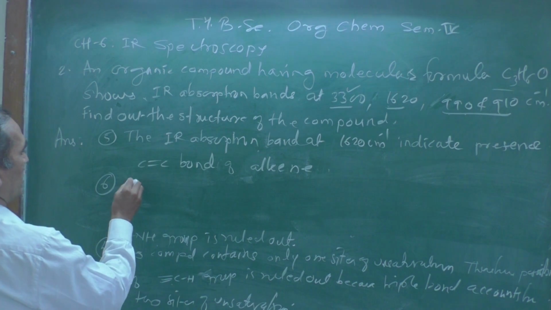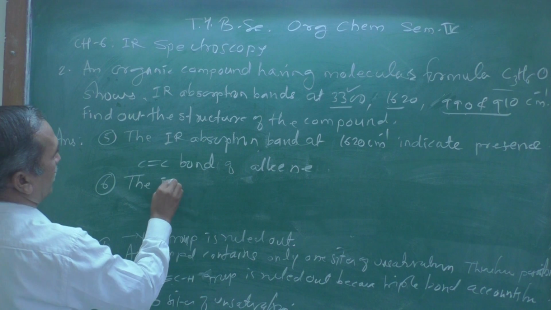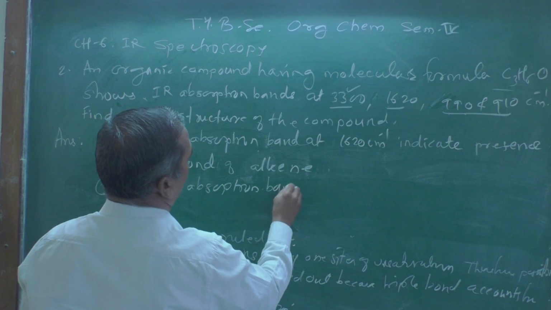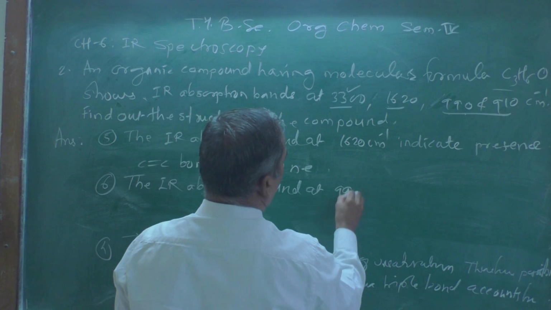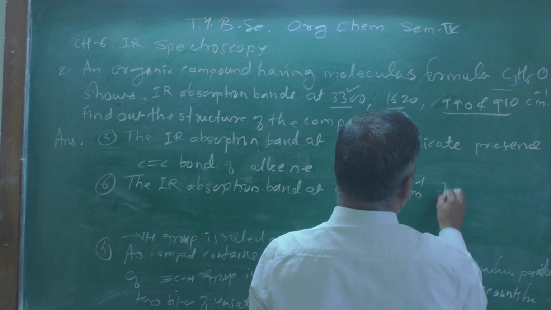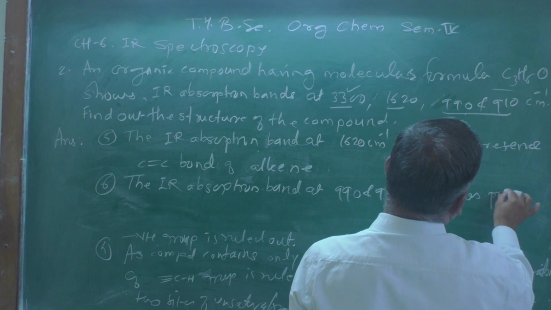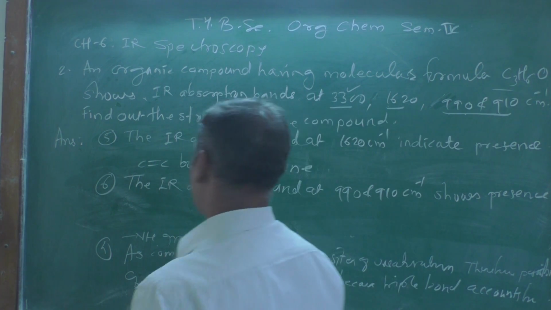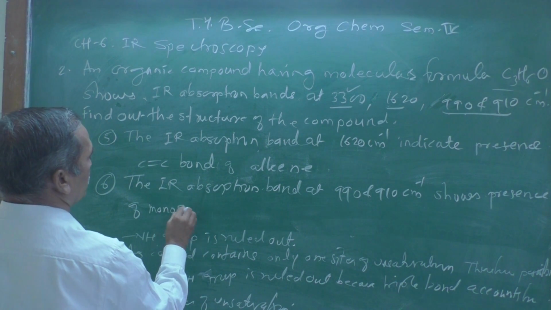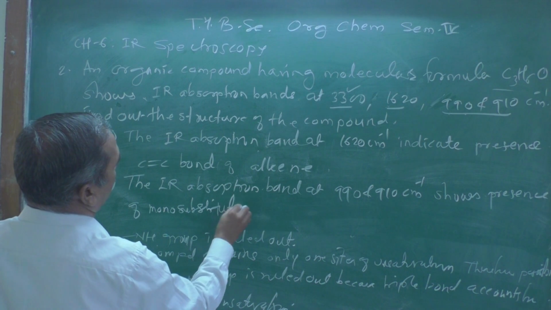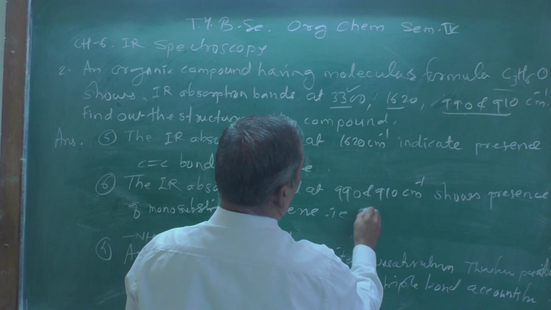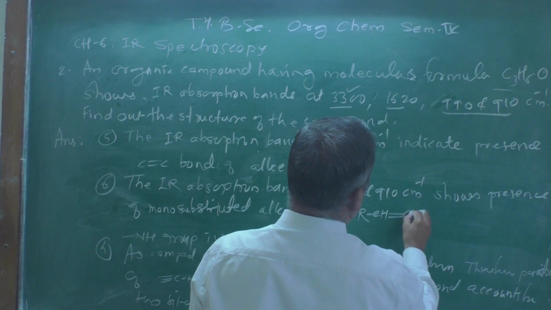Once again you can write down: the IR absorption band at 990 and 910 per centimeter shows presence of monosubstituted alkene, that is RCH double bond CH2.